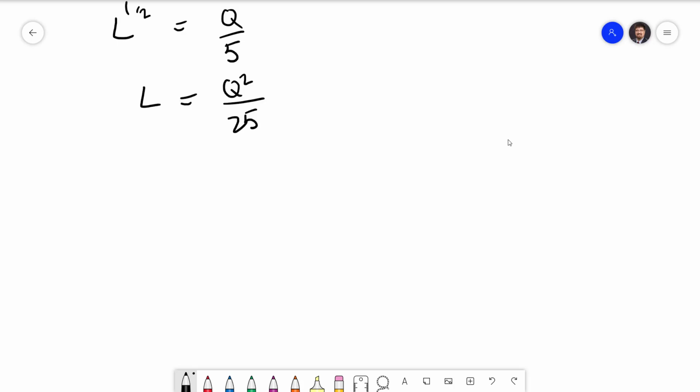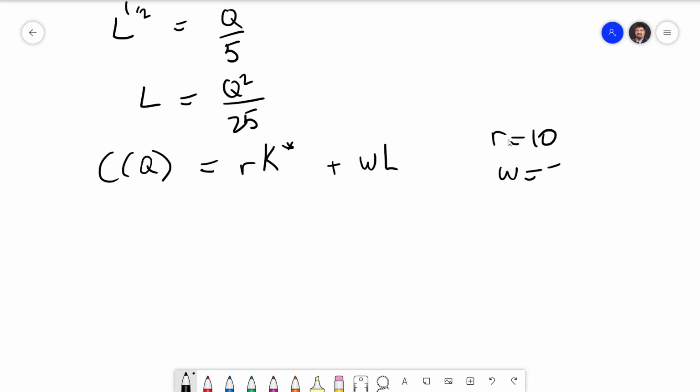To figure out our short run cost function, C of Q, we're going to have R times K star. That's going to be our fixed cost. And then we're going to have our variable cost of WL. From here, we'll suppose that R is 10 and W is 5. We'll plug in all the numbers. R is 10, and we know that K is 25.